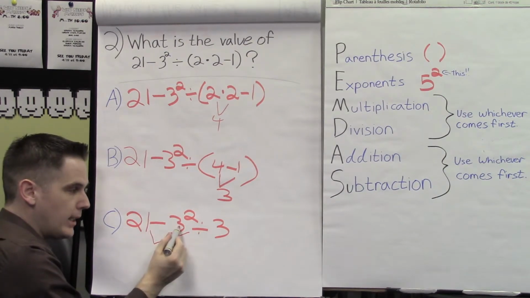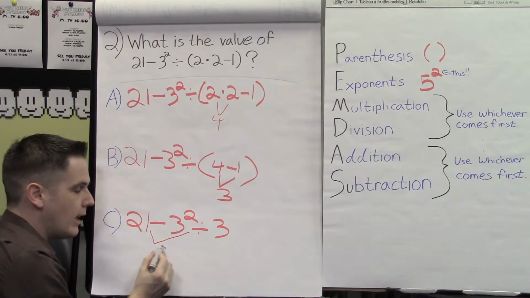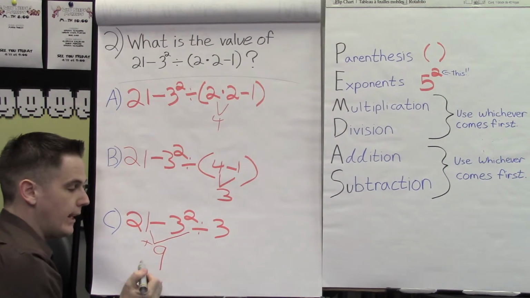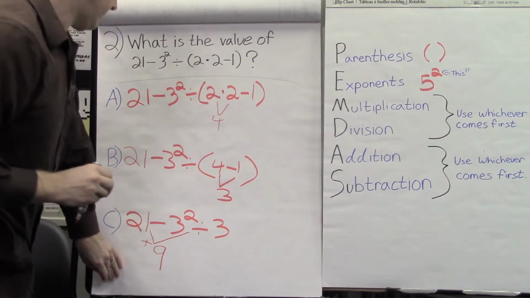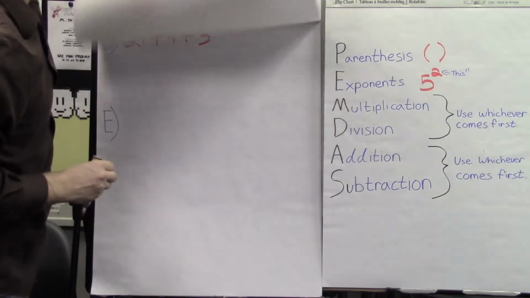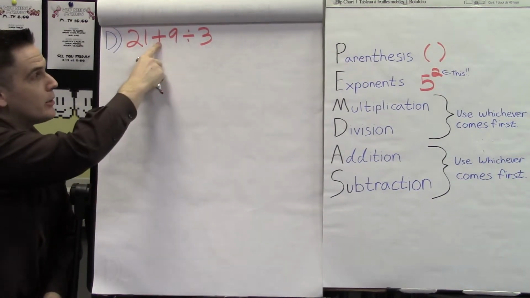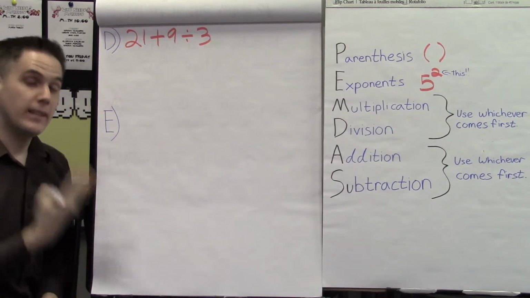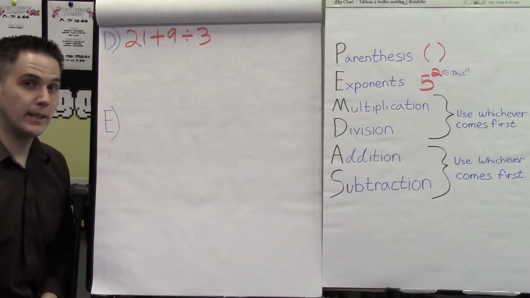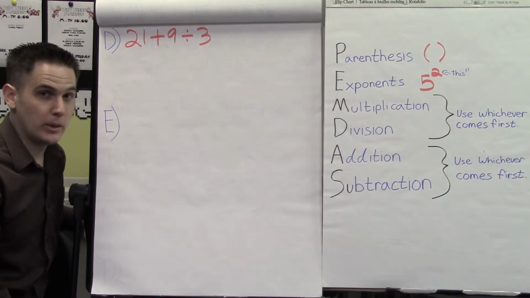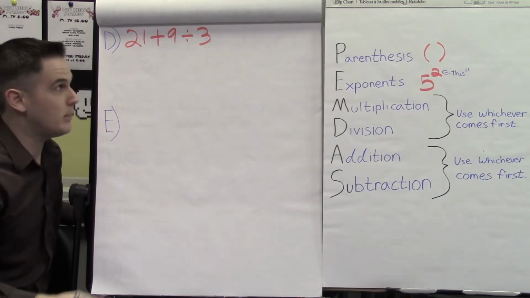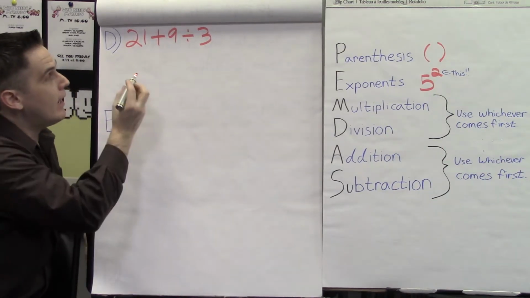So negative 3 times negative 3 is positive 9. And I'm going to rewrite it just like that. See how there's no subtraction anymore? Because negative 3 times negative 3 equals positive 9. That subtraction symbol is now gone because it became a positive number.